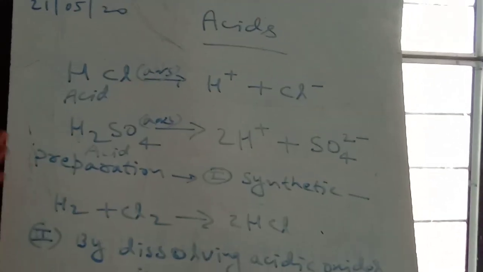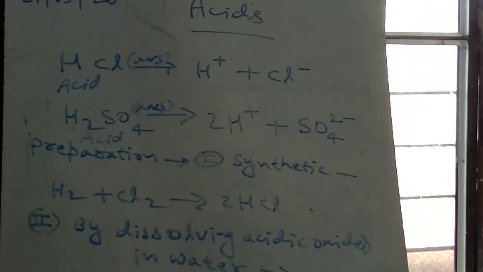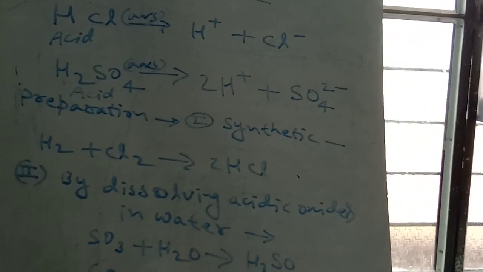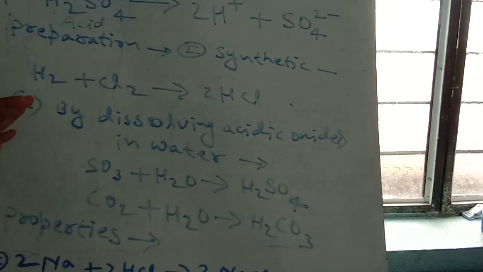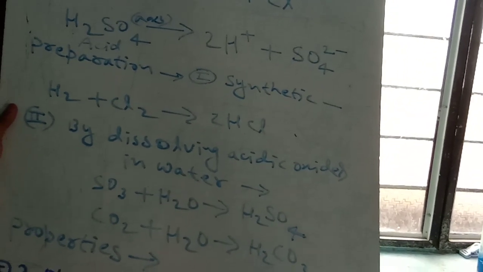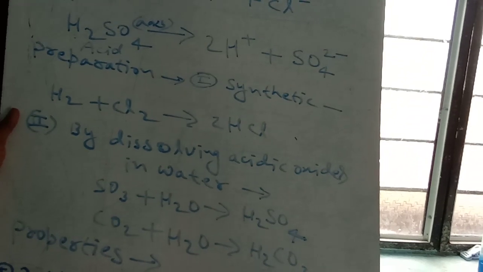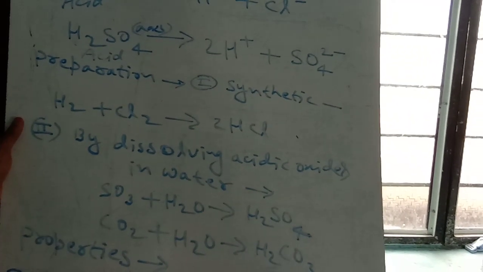Listen, the uses of hydrochloric acid: generally hydrochloric acid helps in digestion in our body. It softens our food. It kills germs. Sulfuric acid is used in battery storage. Nitric acid is used as fertilizer. Acetic acid is used as vinegar.